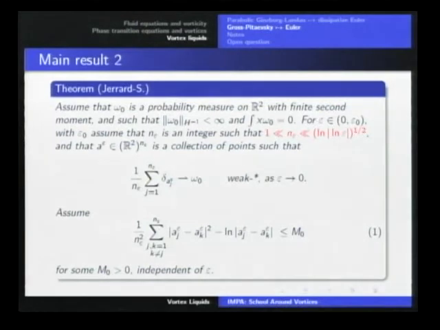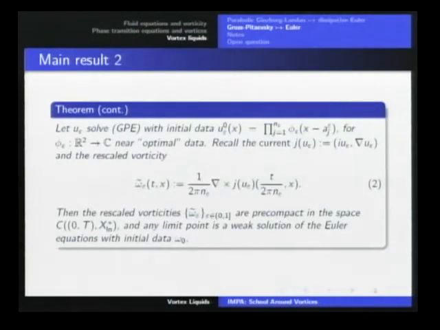If their energy is finite, then we can construct data such that the rescaled vorticity converges to a weak solution of the Euler equations with that initial vorticity. Okay, and this is some topology that's related to the flat norm, that is better behaved for us, but morally like the flat norm.